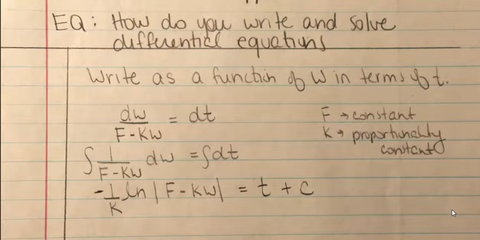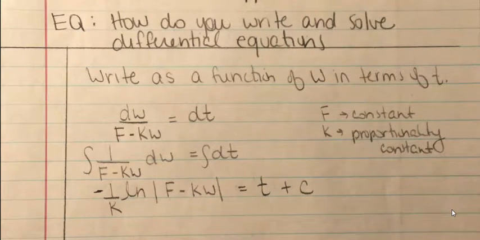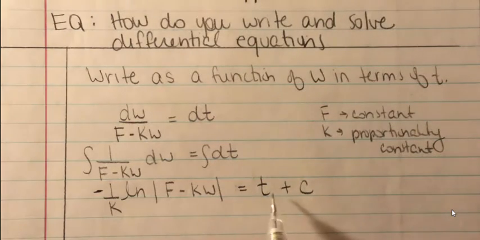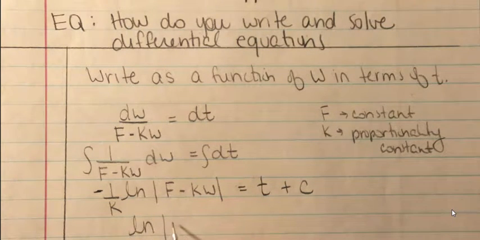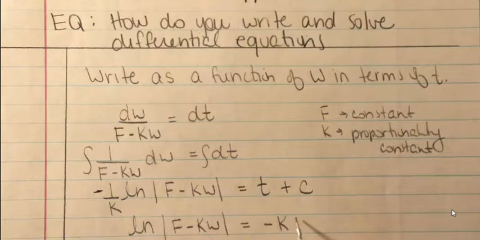Okay, so from there now, what we're going to want to do is kind of rewrite this. So why don't I start by getting k onto this other side? So I'll have ln of f minus kw equaling, well, that's a negative k times t plus c.